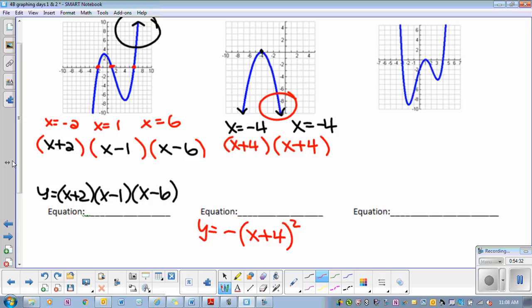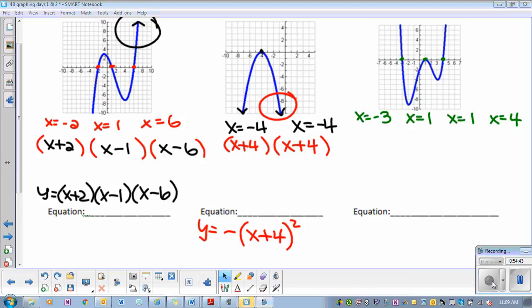So, here comes the fun. Do the last one, please. Try that one. It's a mix of both of them. I think you guys can handle it. Question, why did I write x equals 1 twice? Good, because it bounces. That's where your double root is.